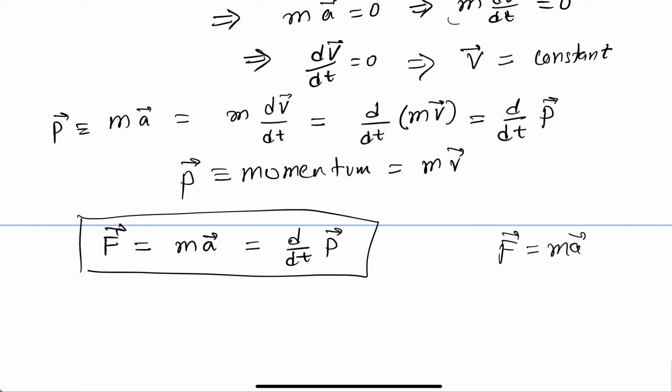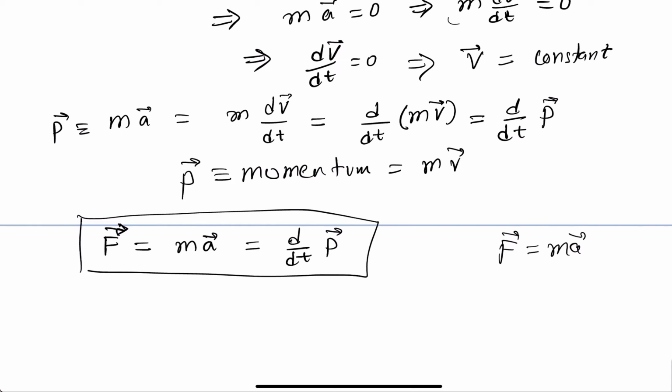But what if there is a system for which the mass itself is changing? For example, a rocket system. In a rocket system, as the rocket moves, it burns fuel. The fuel is ejected, and that ejection causes loss of mass of the object. So if you're interested in studying the motion of the rocket, then it's important to have an equation that takes into account situations where the mass itself would be changing, and this would be the law more appropriate.